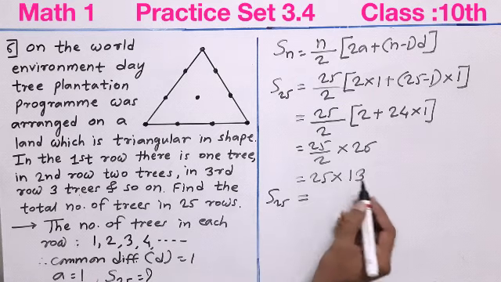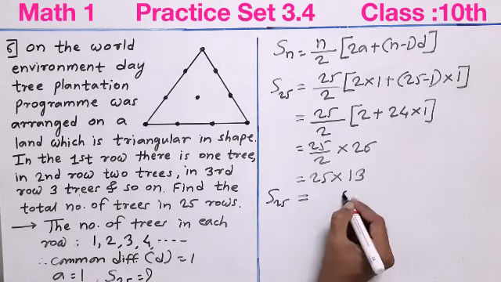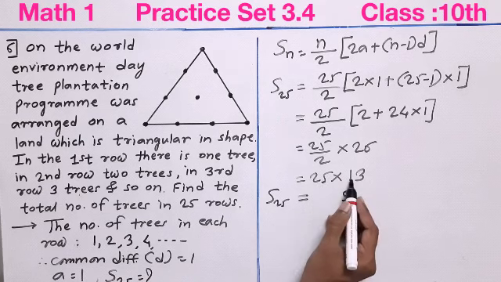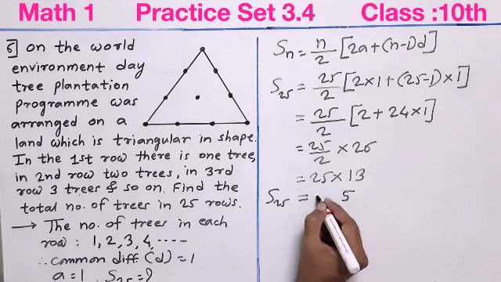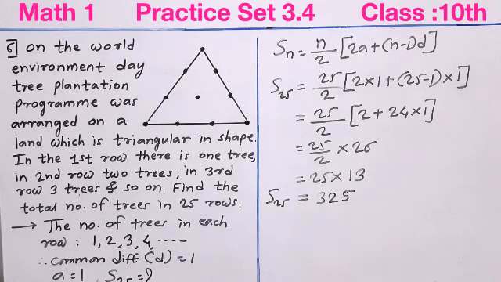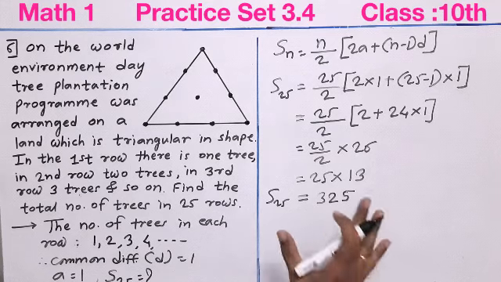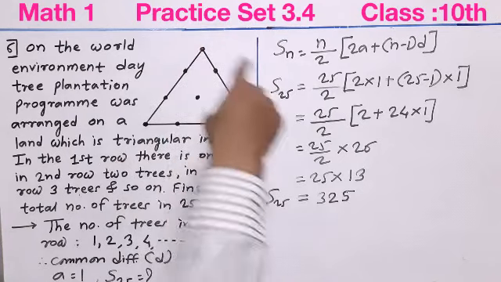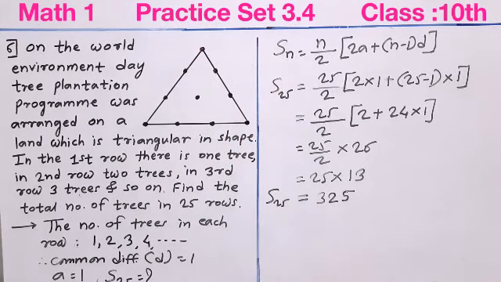So 25 threes are 75, 5 carry 7, 25 ones are 25 plus 7 becomes 32. So 325 is the answer, means the total number of trees in 25 rows in that triangular land is 325.